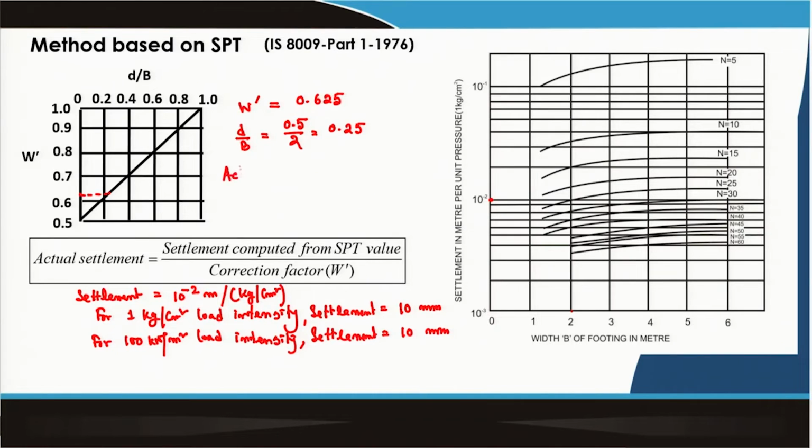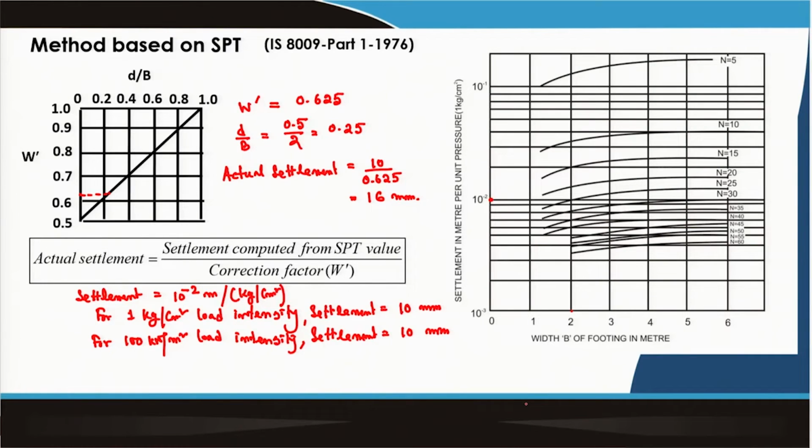So, actual settlement will be 10 millimeter divided by 0.625. So, this will be 16 millimeter.